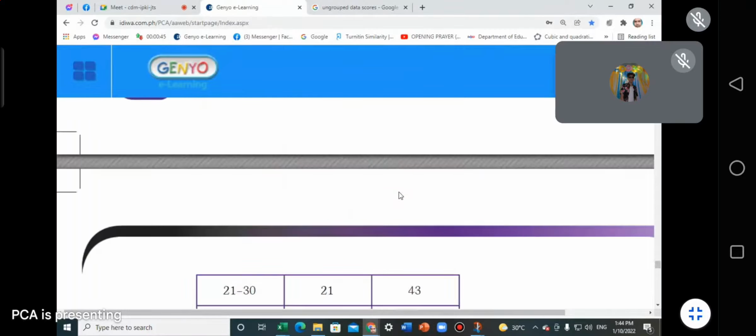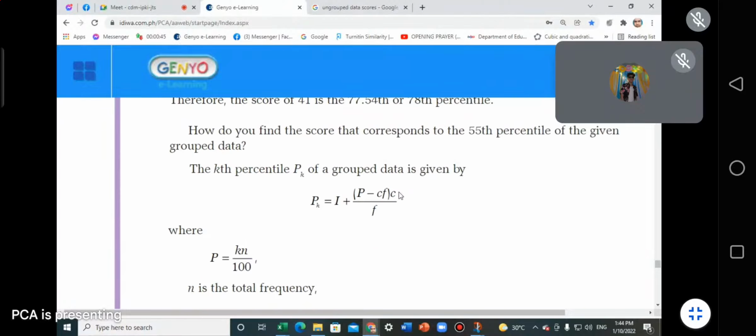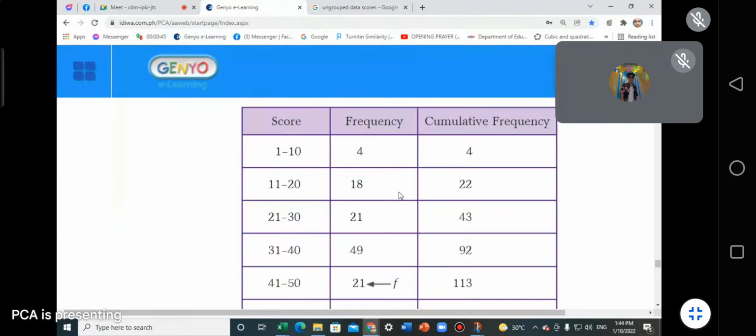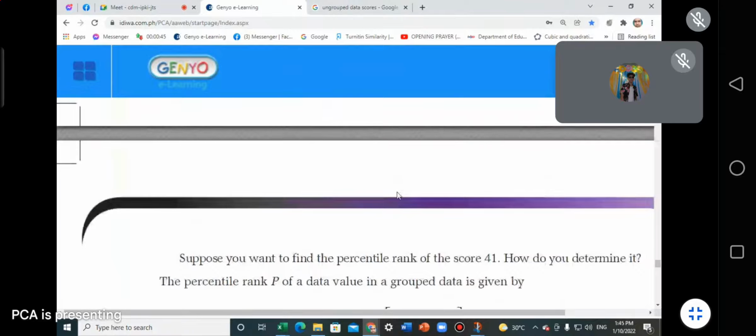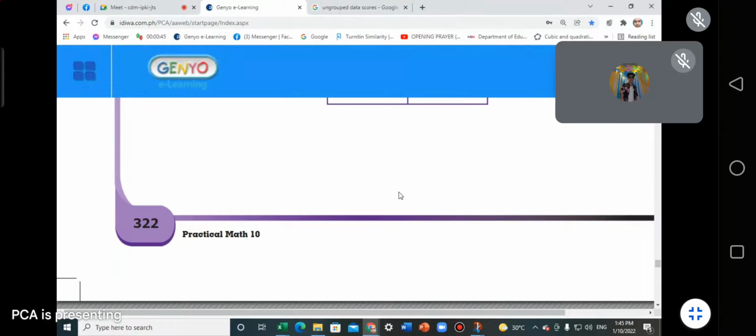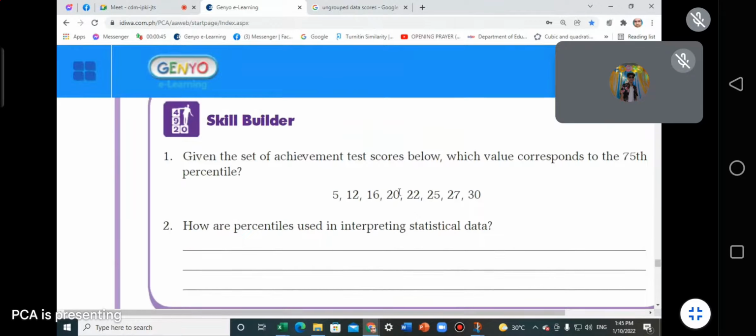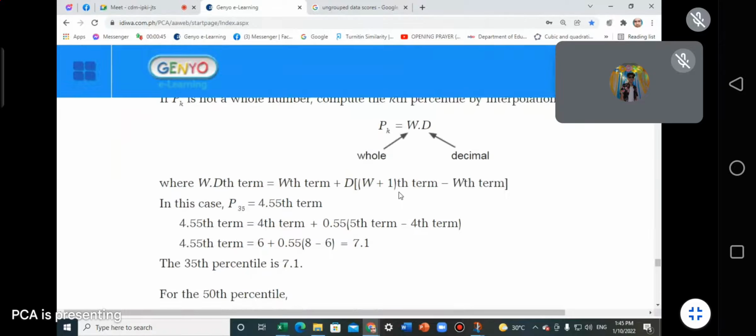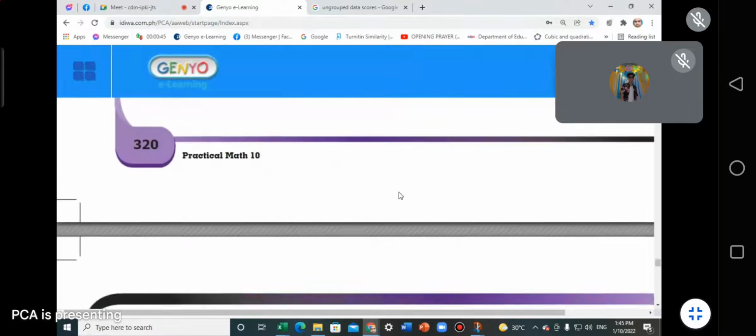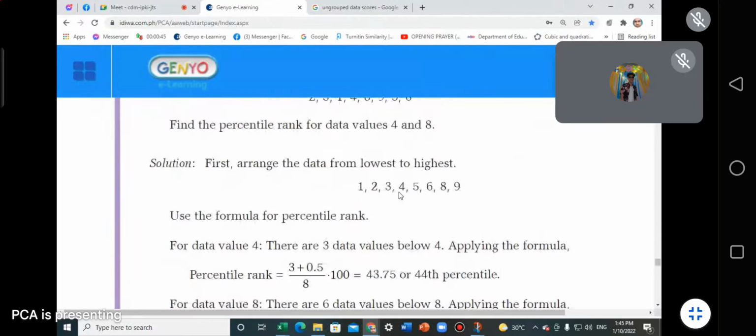Why? Because we are ranking and we must know. If I forgot mentioning, if you have ungrouped data, if you have scores there, like this one.